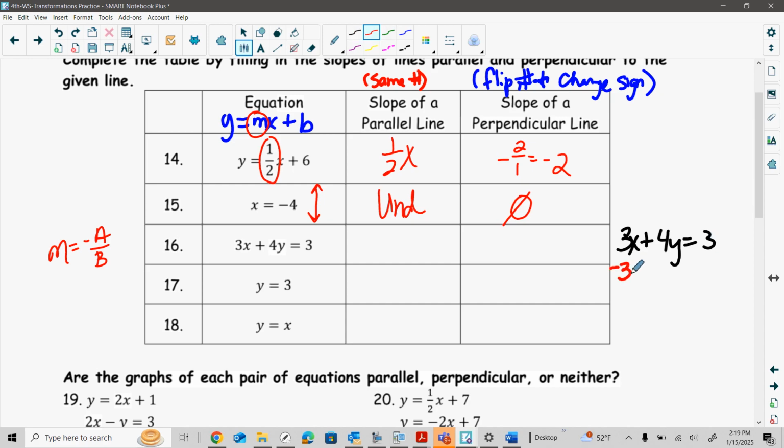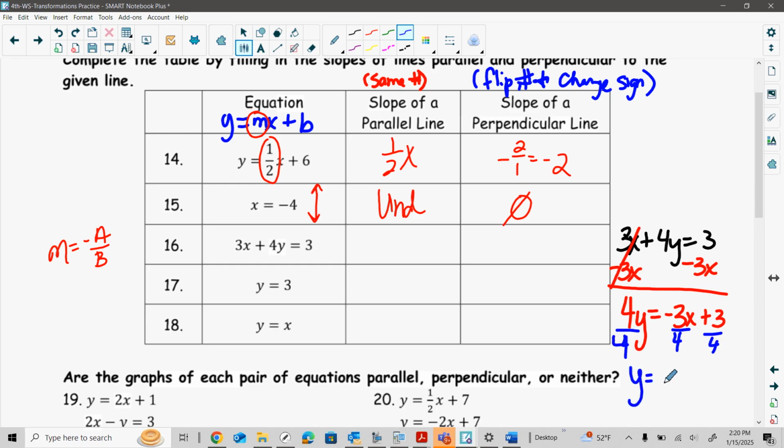So you would have to minus 3x. Now we would write 4y equals negative 3x plus 3. Then to solve for y, I would divide every term by 4. And so y equals negative 3/4 x plus 3/4.